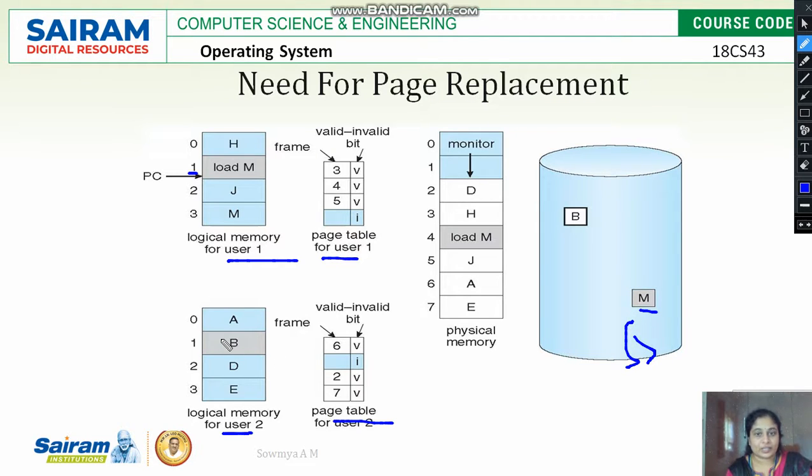Similarly B is not here. So when the process is executing load M, you don't find the page.